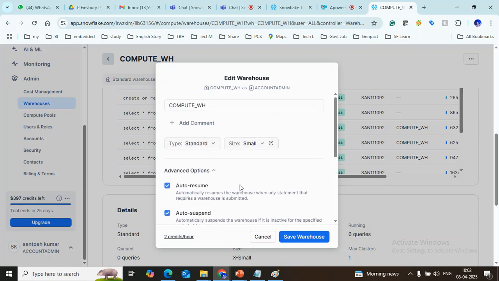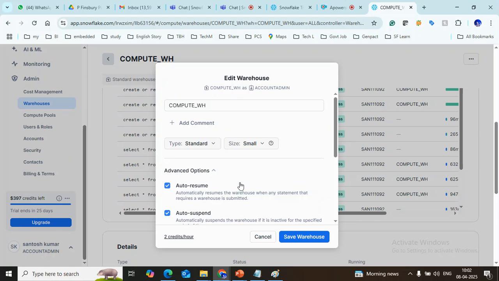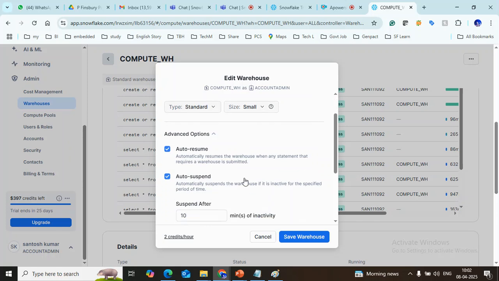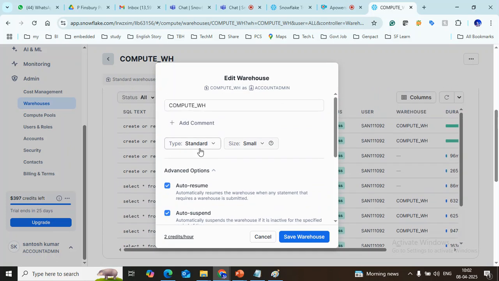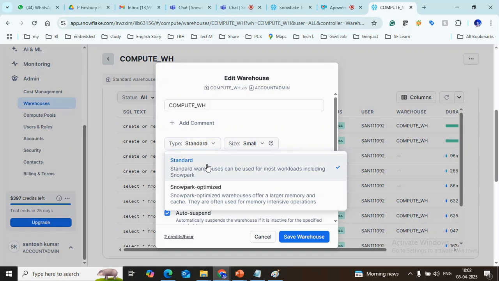As of now, what you have written yesterday is about warehouses, right? The warehouse you have written, what are the standard types of warehouses? There are two types of warehouses.